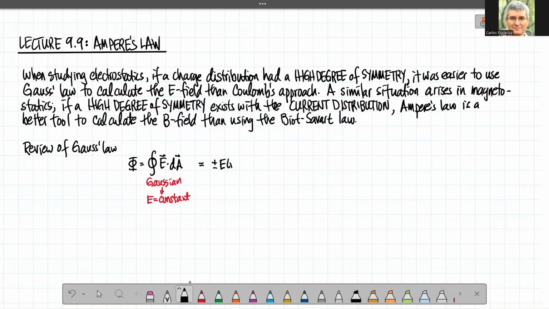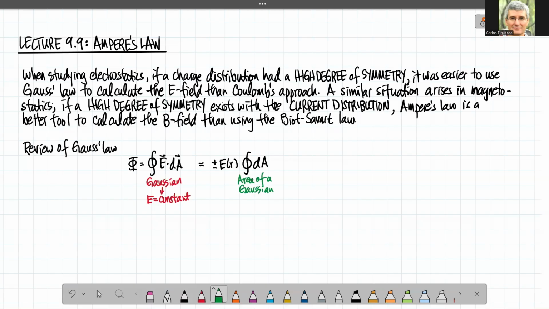That allows us to pull E and cosine theta out of the integral. So then I'm left with this integral, which is now the area of a Gaussian.